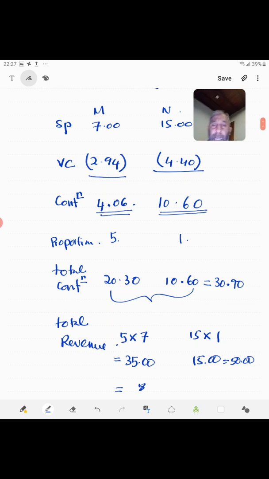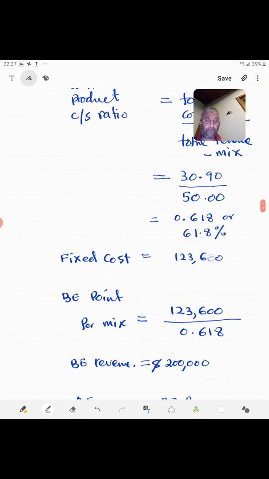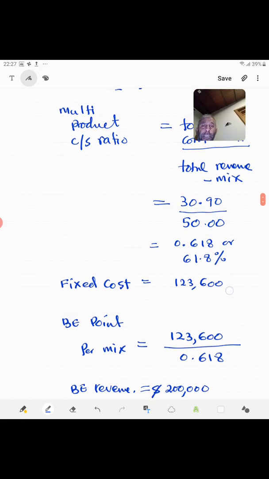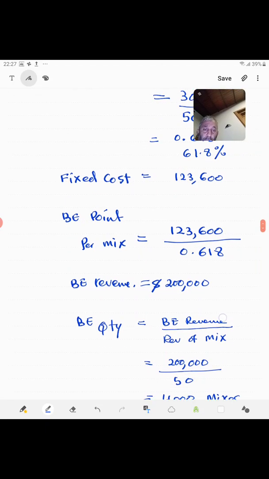Accordingly, we calculated the contribution per unit, and then the total contribution and total revenue of the mix. I calculated the break-even revenue using a method called the CS ratio. Alternatively, I can also do a different calculation.